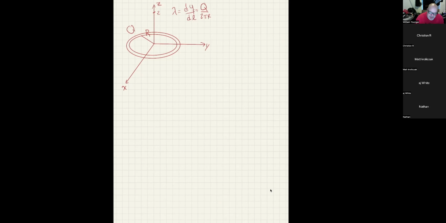Now, what we have is that dV is equal to the integral of dq over 4 pi epsilon naught R. Now that's the key thing to realize here. When we did Coulomb's law, we had F equals Q1 Q2 over 4 pi epsilon naught R squared.